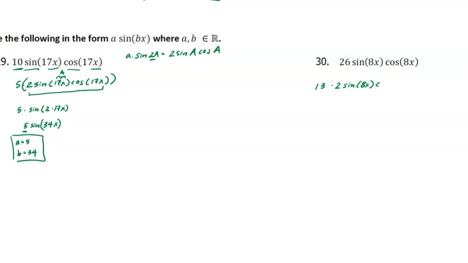The angles are the same, so I can use this part and use that double angle identity: 13 times sine of 2A, this entire thing is A, 2 times 8x, so 13 sine of 16x. So A equals 13 and B equals 16.